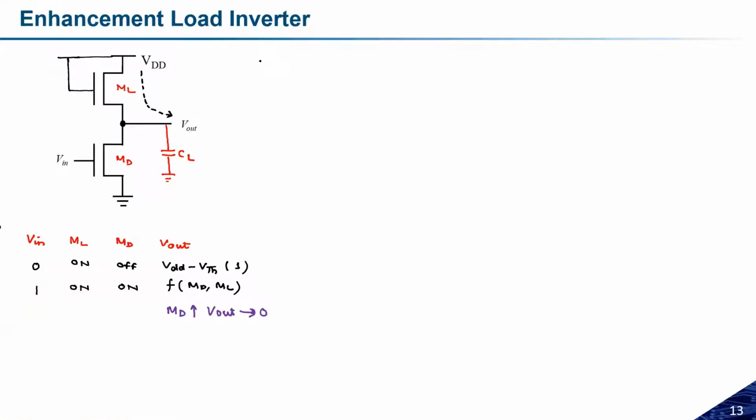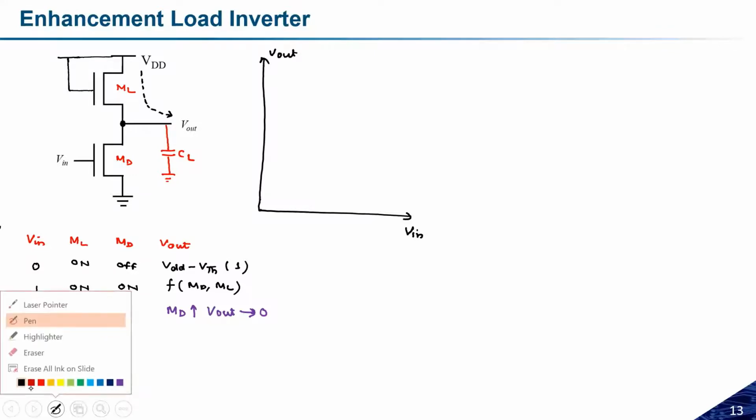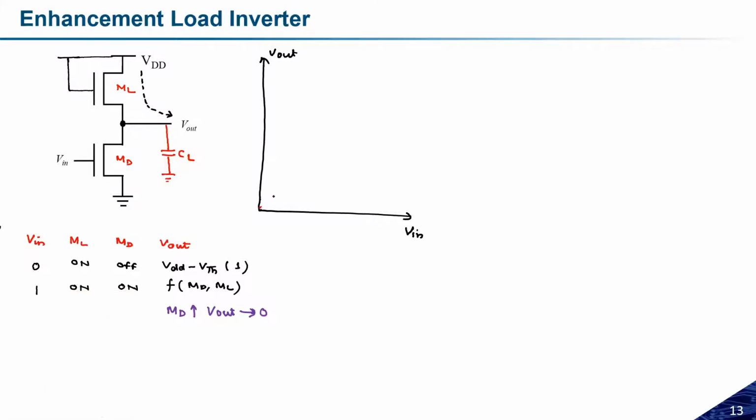Okay, so let me try to draw the transfer characteristics. Let us assume this is the V in, and here we have the V output. And I am giving some input which is changing from here to here like a ramp. Okay, this is what we are changing, the input.